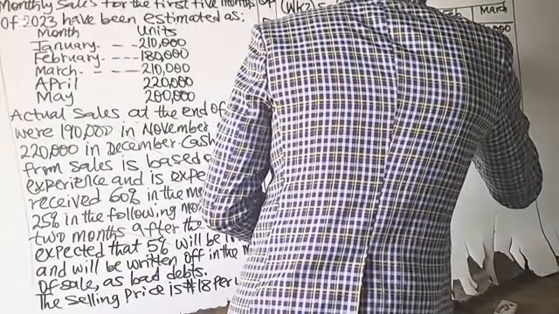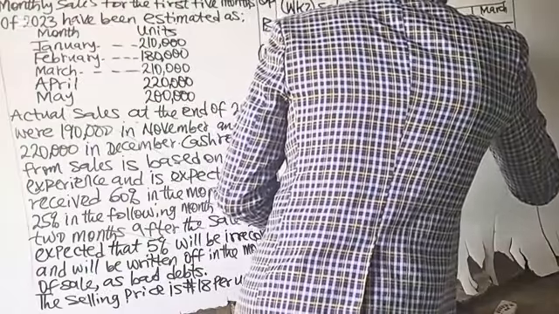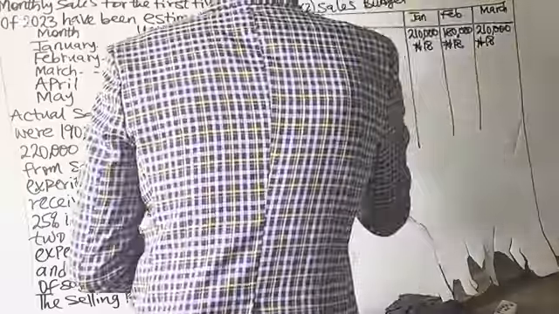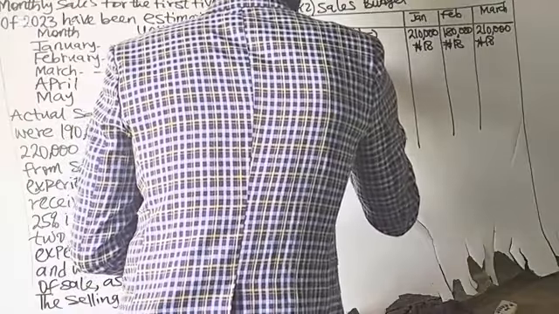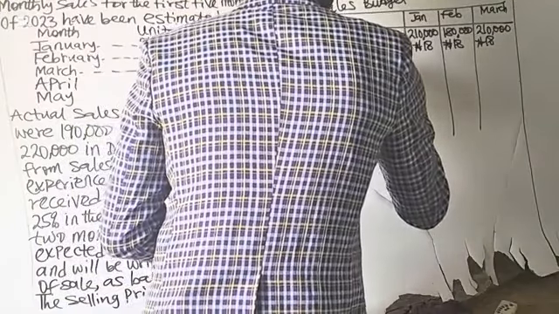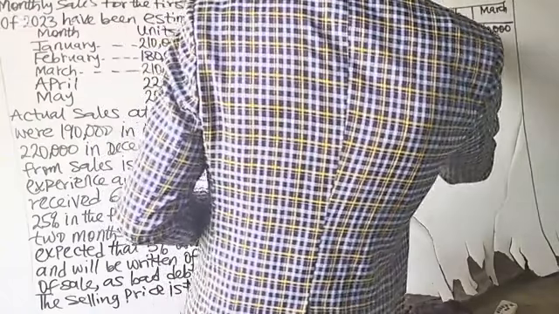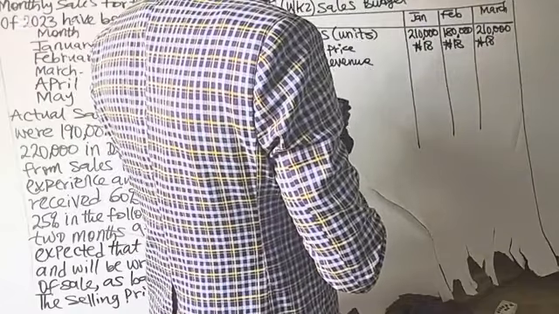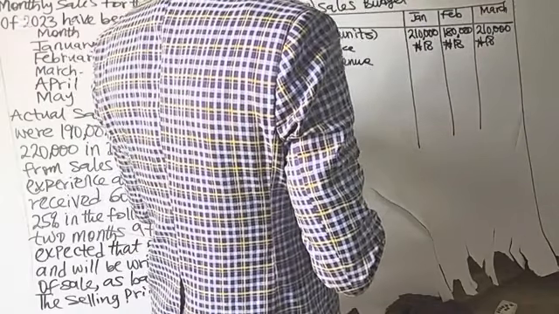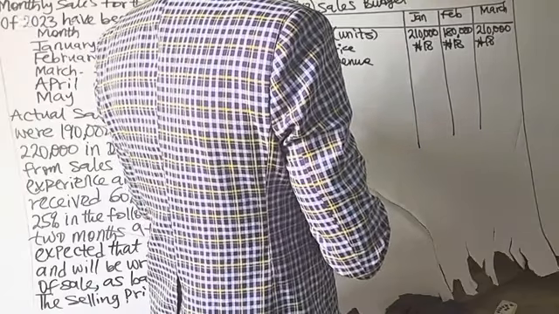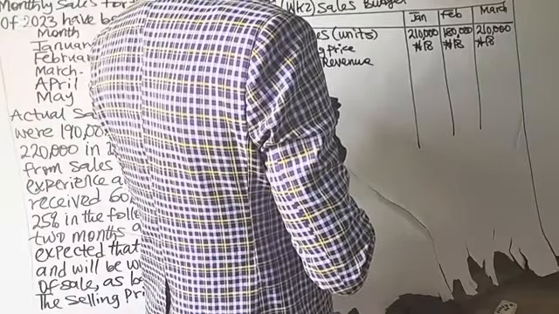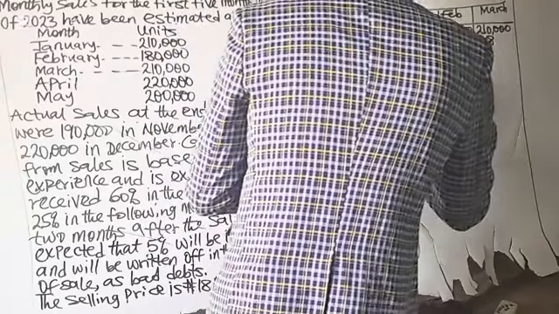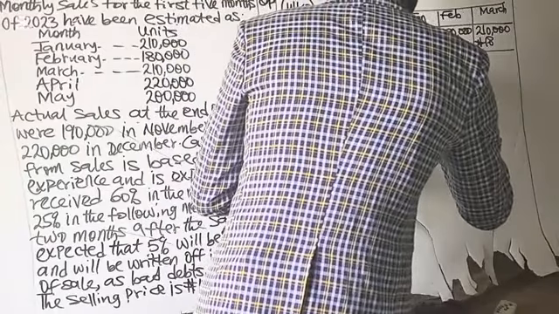Sales revenue is the budgeted sales units times the selling price. 210,000 times 18 gives us 3,780,000.